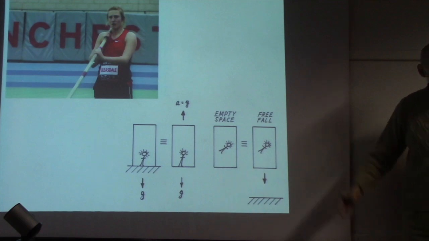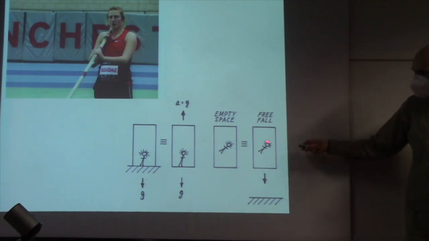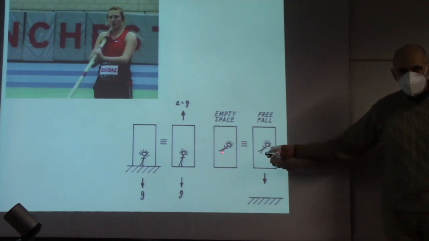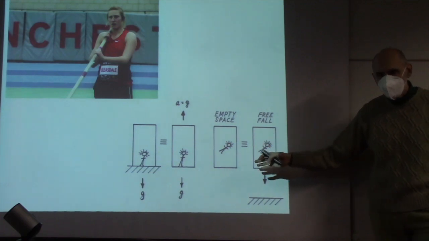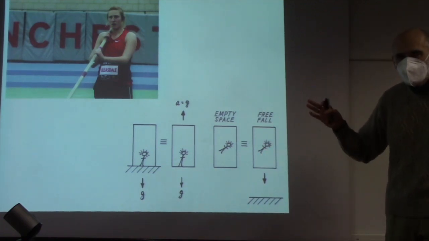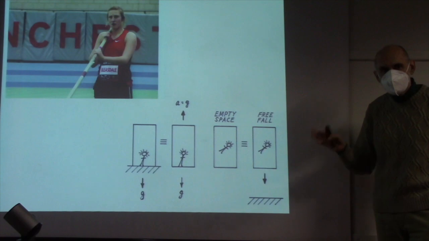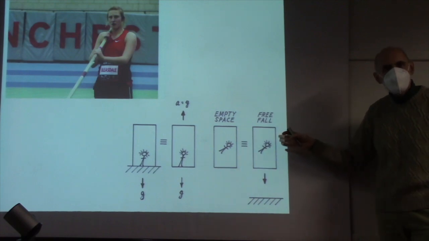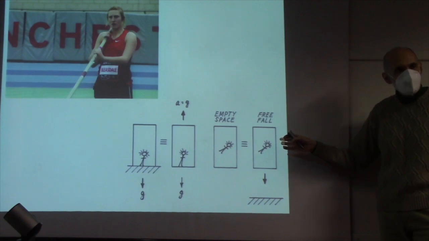But while you're falling, you feel exactly as if you were in outer space. You will feel no gravity. And so he realized, what kind of force is this that disappears when I'm falling? It shouldn't. If it were a real force, it shouldn't disappear.